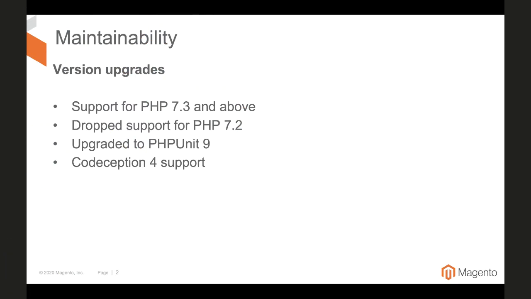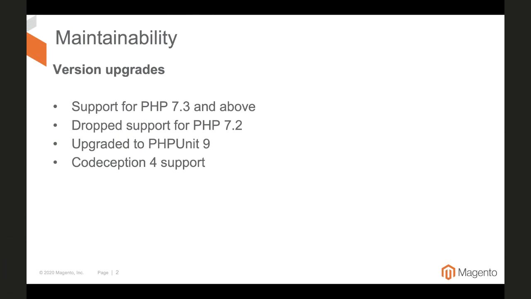So version upgrades. For this release candidate, we have included support for PHP 7.3 and above, so that we are compatible with Magento 2.4.0. We've also dropped support for PHP 7.2. In RC1, we dropped support for 7.0 and 7.1, and in this one, we have dropped support for 7.2 as well.